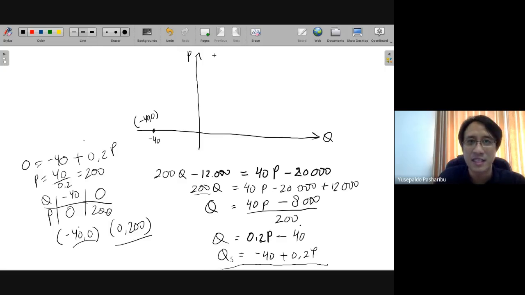And the other one is 0, 200. Let's say this is 200 here, or maybe move the 200 a bit lower.